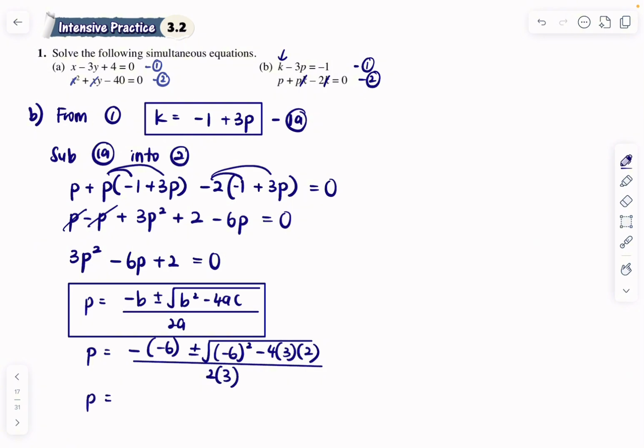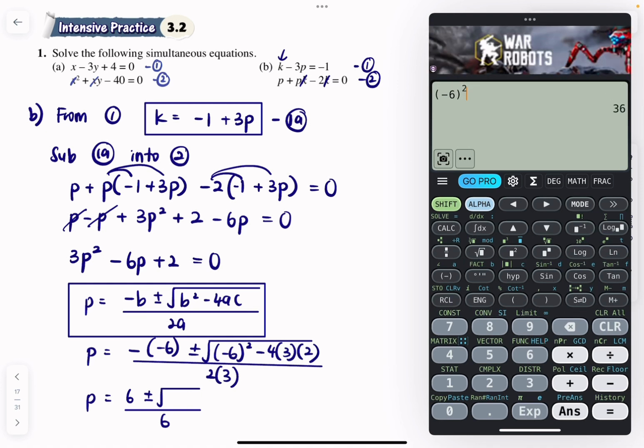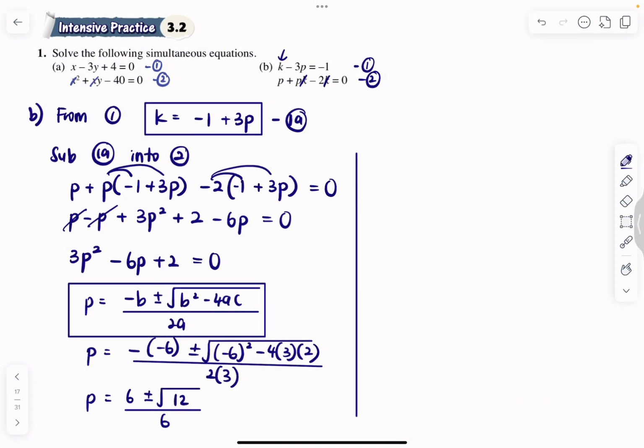So p will get negative of negative 6 will become 6 plus minus square root something divide by 6. So inside the square root is negative 6 square minus 4 times 3 times 2, which is 12. So we can say p is (6 plus square root of 12) over 6, or p is (6 minus square root of 12) over 6.